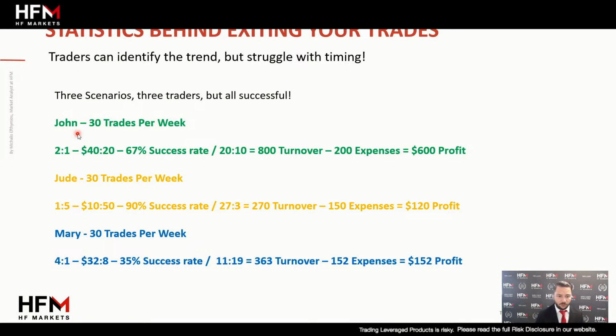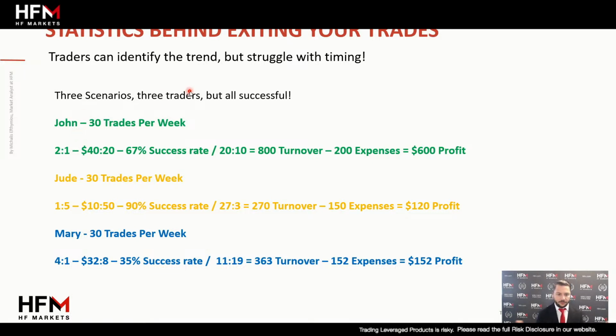But if you've never traded before, you're inexperienced, and you are unable to determine how the market is going to move, you can still be a successful trader if you're using the right mathematics behind trading. I'm going to give you an example of how an individual who is terrible at determining how the market is going to move can still be profitable if he's using the right mathematics.